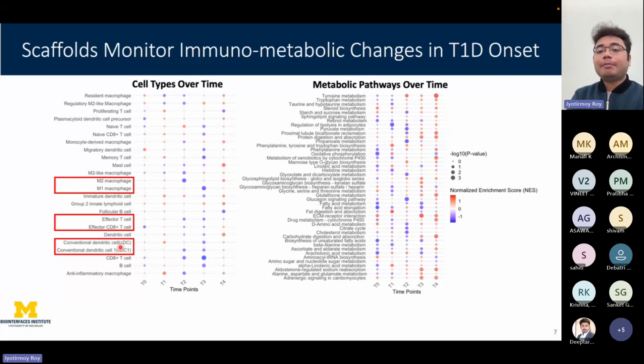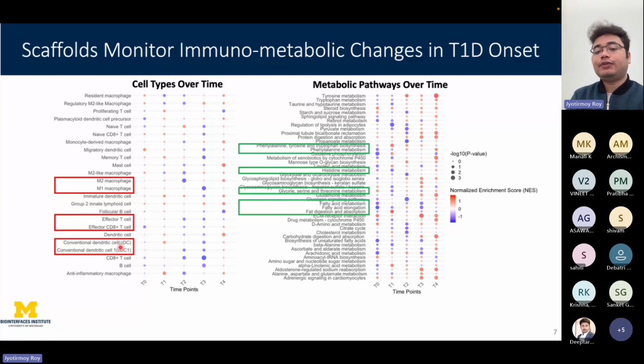The second thing was on the metabolic pathway side of things, where we saw that pathways related to fatty acid metabolism, TCA cycle, and amino acid metabolism were some of the pathways which were showing changes between the healthy versus the diabetic group over time.